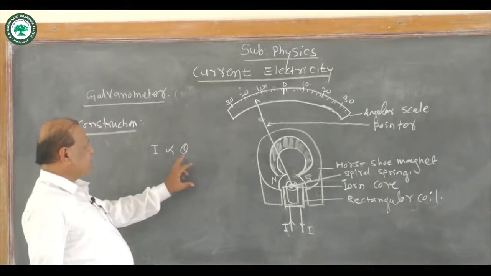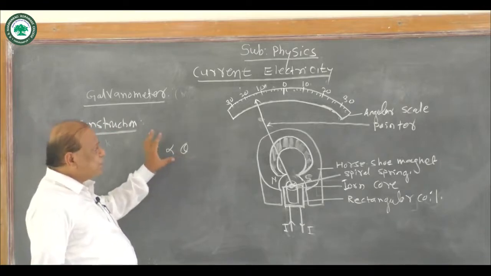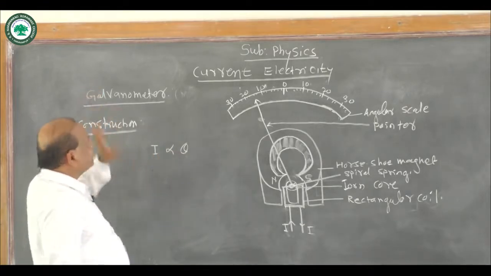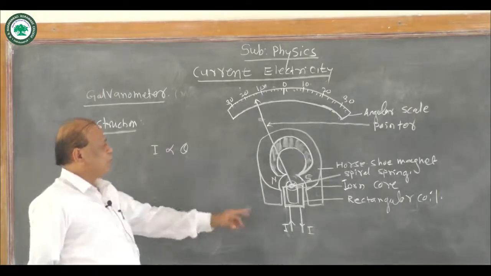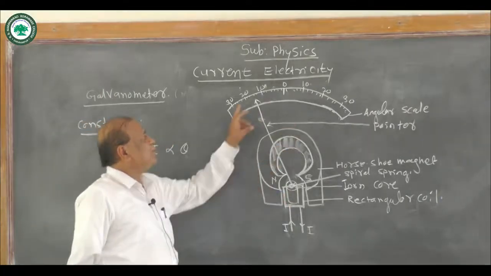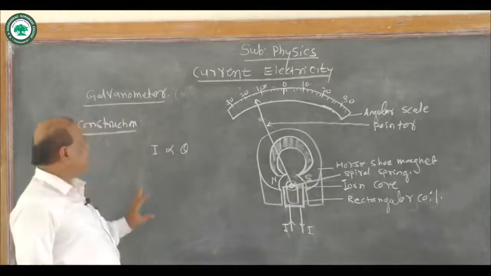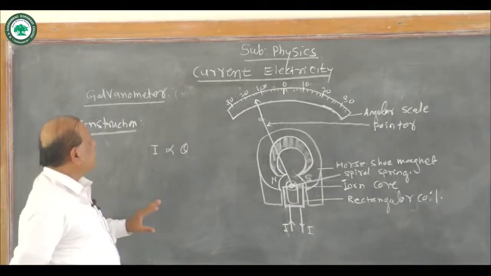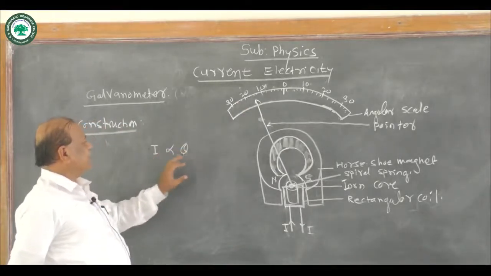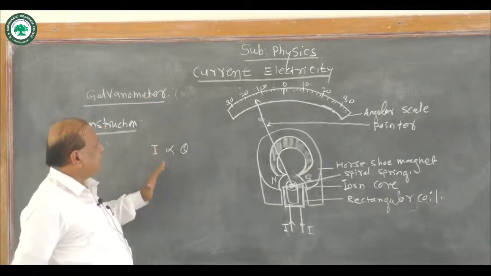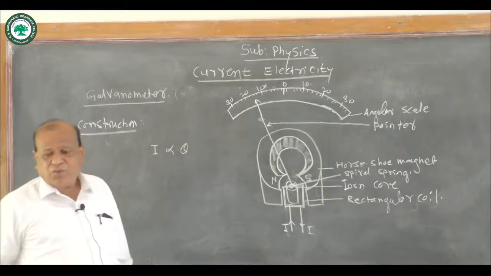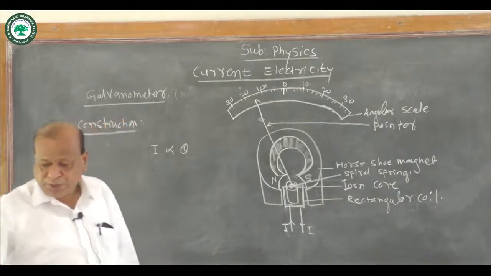Therefore I is proportional to theta. This is the principle of the moving coil galvanometer, meaning the current flowing through it is directly proportional to the deflection produced in it, that is I is proportional to theta. This is the construction and working of the moving coil galvanometer.